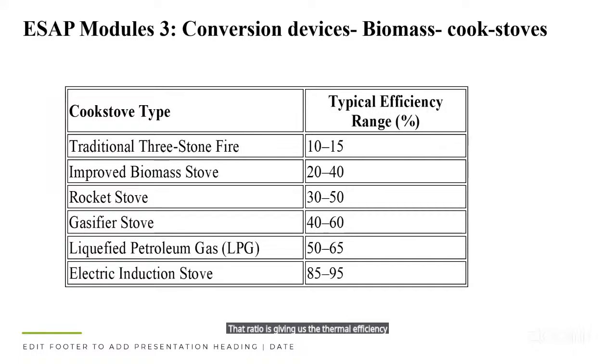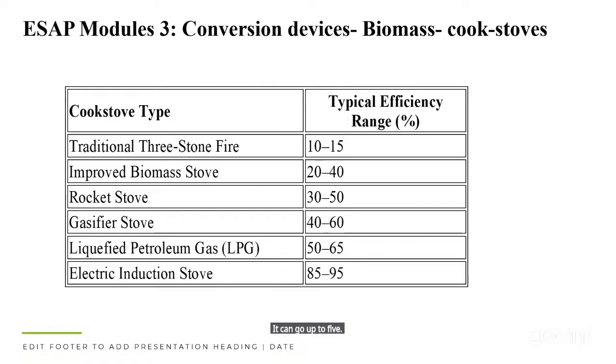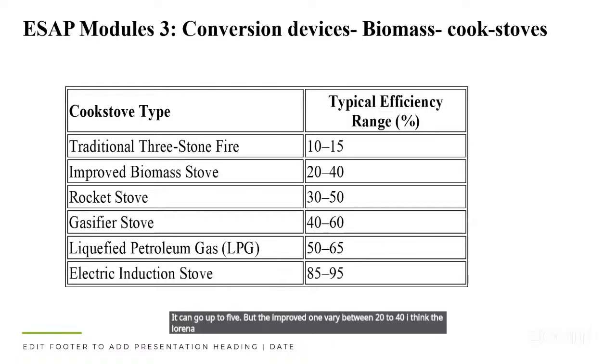So this table is important because it shows how the different stoves compare, for example, even to electric induction stoves. We see the three stones vary between 10 to 15 percent, but sometimes it can go down to 5. The improved ones vary between 20 to 40. I think the Lorena could go up to 40, and then we have the rocket stove, which goes up to 50.